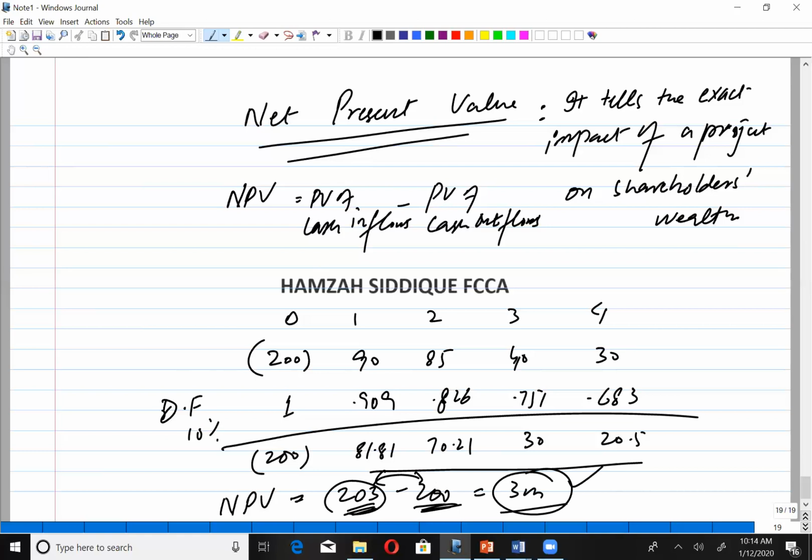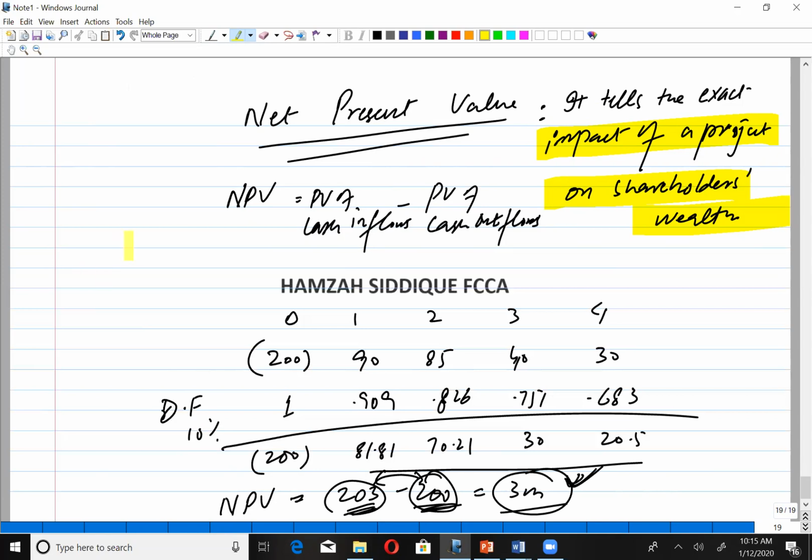So the company invested and got more, so the shareholders' wealth has increased. NPV is the exact impact of a project on shareholder wealth. So shareholders' wealth has increased by 3 million.